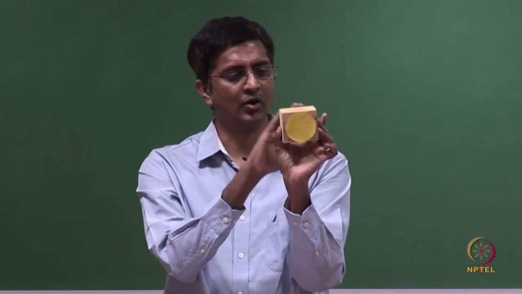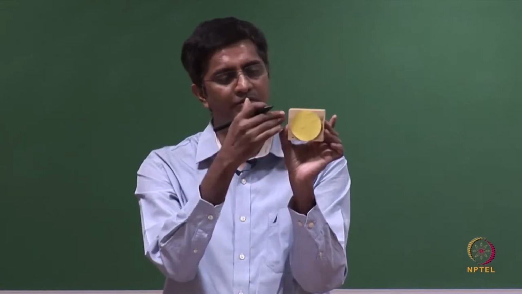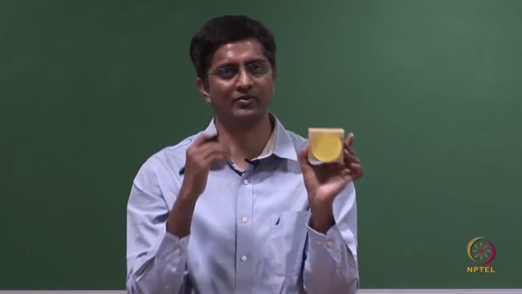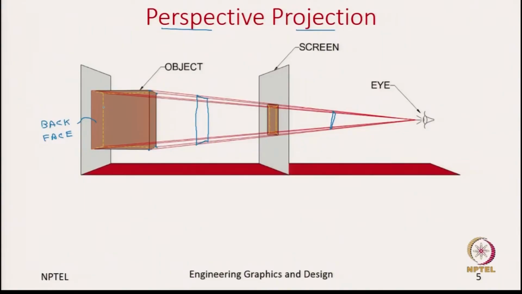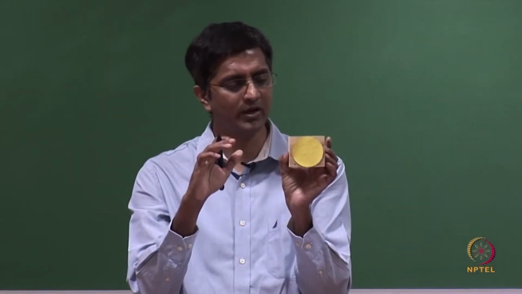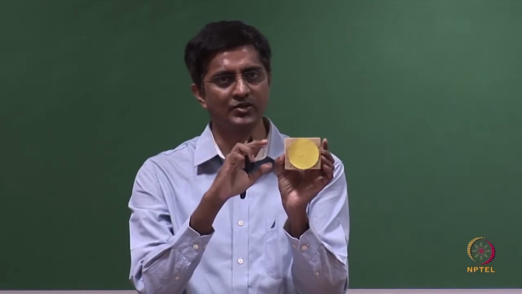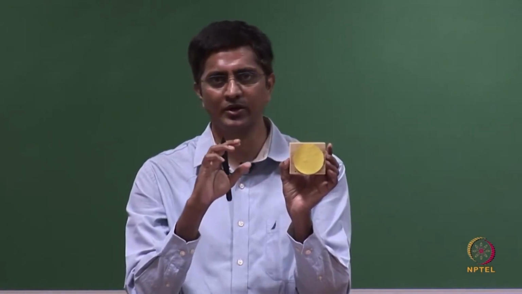Now, let us say I have painted the back face, then even if it is transparent you should be able to look at the back face. Okay. So, these yellow lines or the dotted lines represent the hidden lines, saying that there is a back face which you cannot see normally, but since you know that there is a back face you can show that through yellow lines.